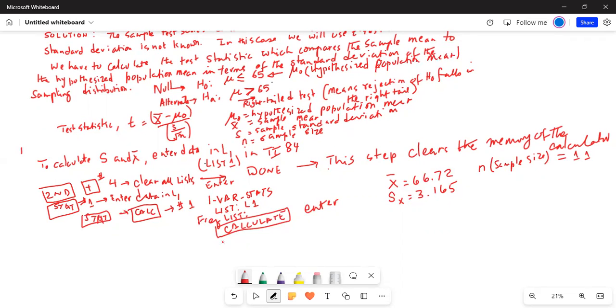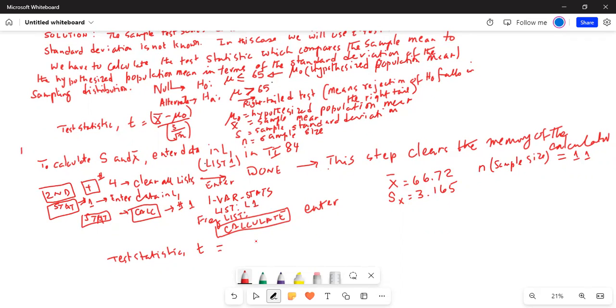Okay. So let's calculate the test statistic T. What is a test statistic? It means the characteristic of the sample.